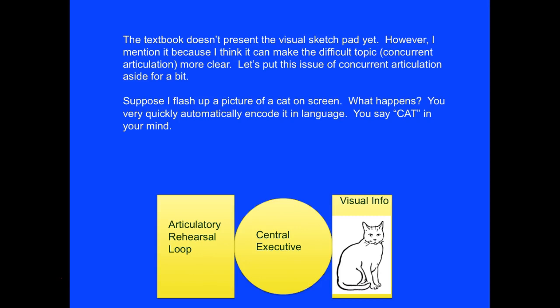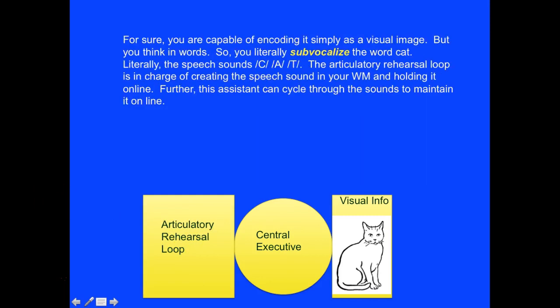In either scenario, you would very quickly mentally encode it over here. So let's say I flash a picture. The central executive has to send some information over to here for it to be encoded by sound. So again, that's what we meant by subvocalizing.